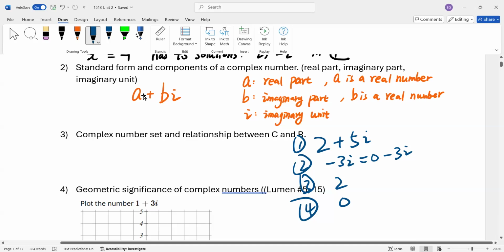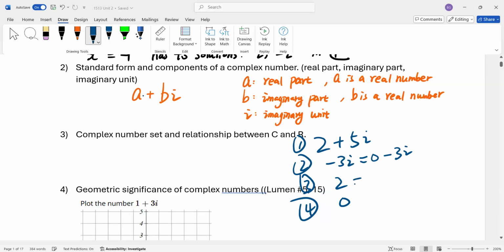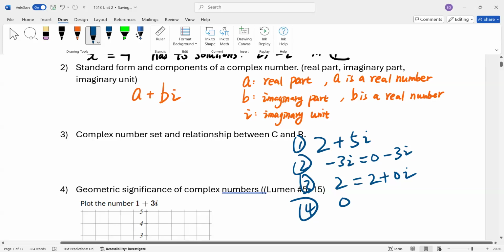Give it a try. Can we write 2 as 2 plus 0 times i? Sure, right? Yes, 2 is also a complex number. 2 here is the real part. 0 here is the imaginary part. i is the imaginary unit.